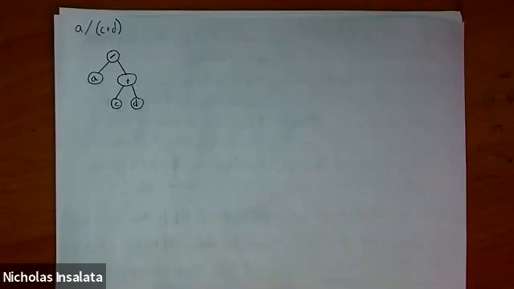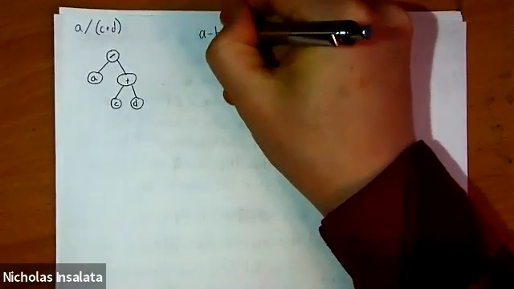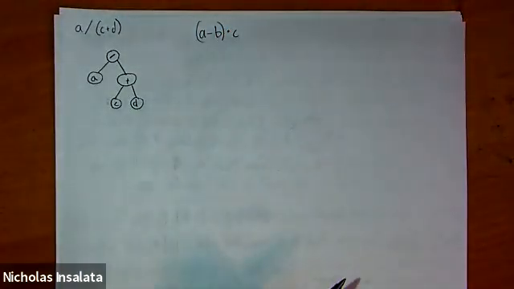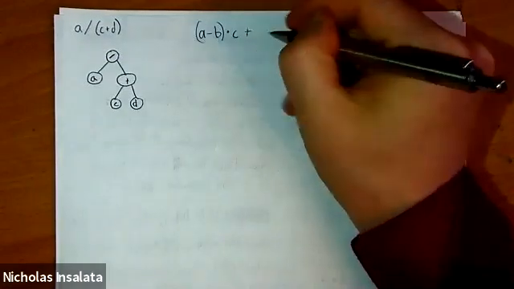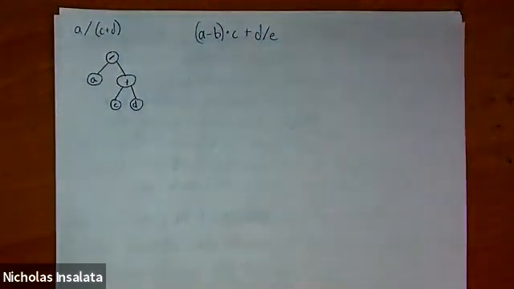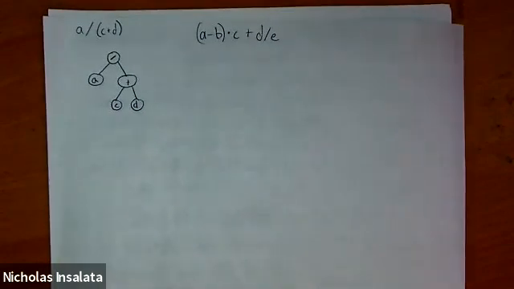Okay, so let's do one more example. Got A minus B times C plus D over E. So I didn't put in all the parentheses, but let's just assume the usual order of operations.